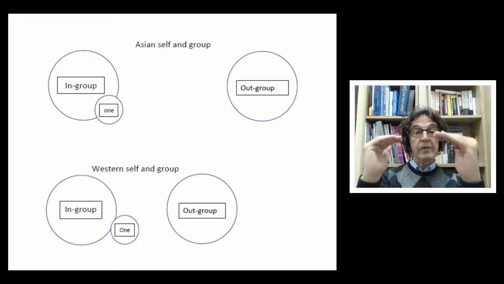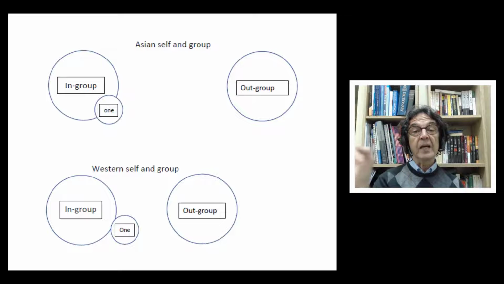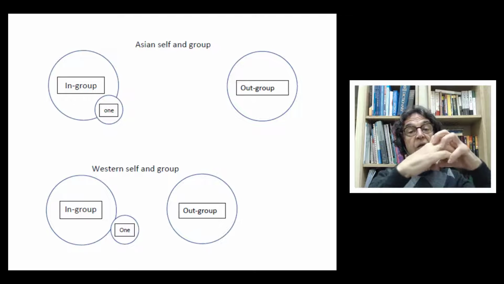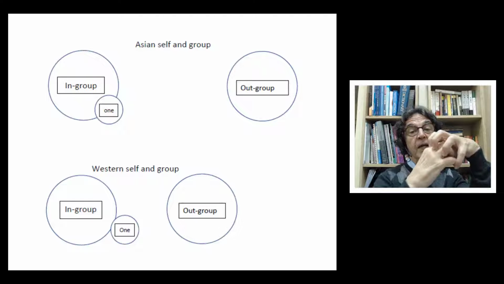Now you'll notice that in the two groups, the Asian group and the Western group, you will notice a couple of things. One is that the sense of self, which is your sense of identity, so who you are, in the East Asian or Asian group, is part of the in-group.